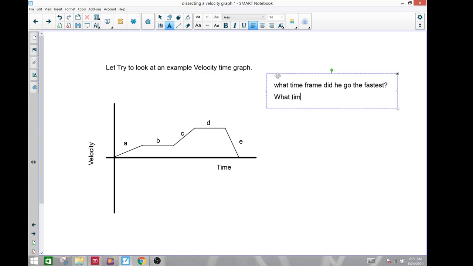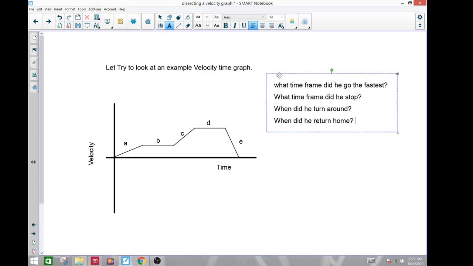What time frame did he stop? When did he turn around? When did he return home? Something like that.